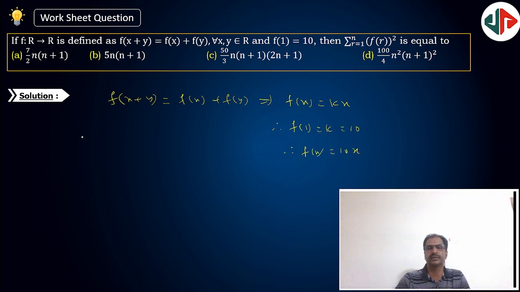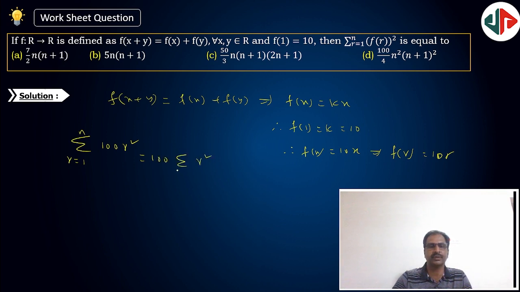And what is required? Sigma r is equal to 1 to n, f of r whole square. F of r whole square means 100 r square, because f of x is 10x, implies f of r is 10r. That 100 can be taken out.